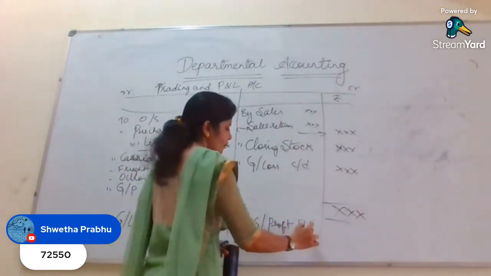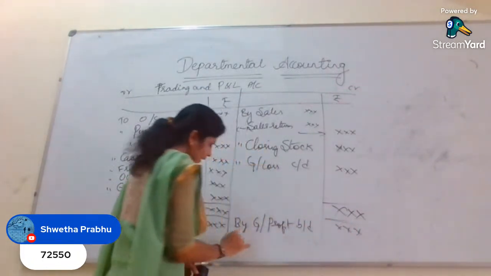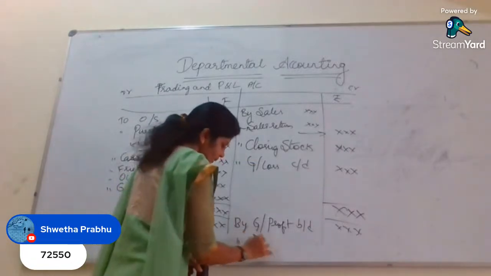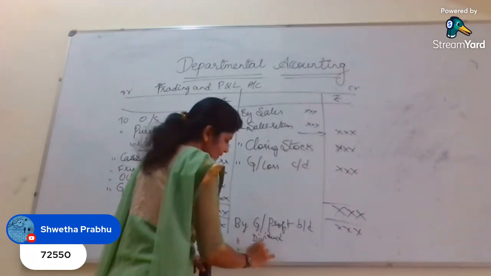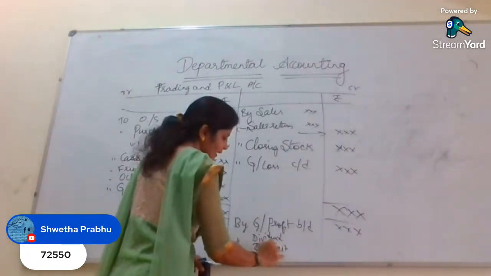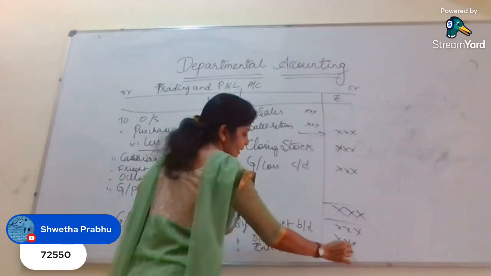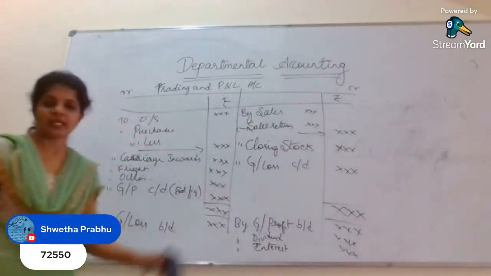Gross profit brought down. If there is any indirect income like dividend received, or any income like interest received, that will be recorded here on the credit side.